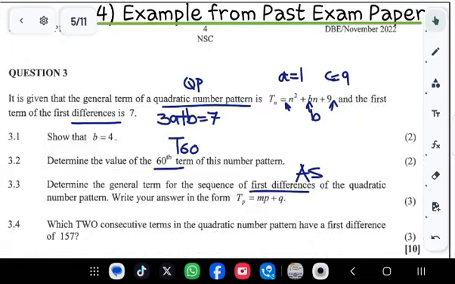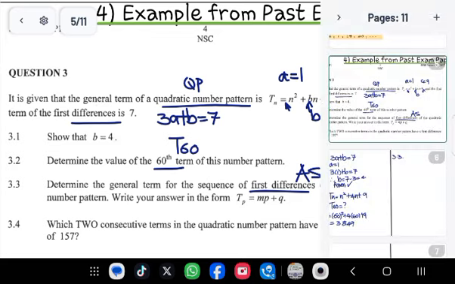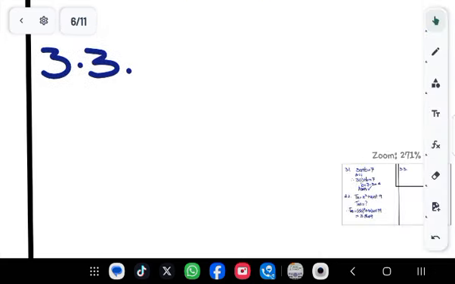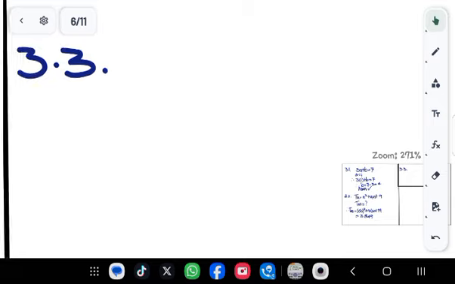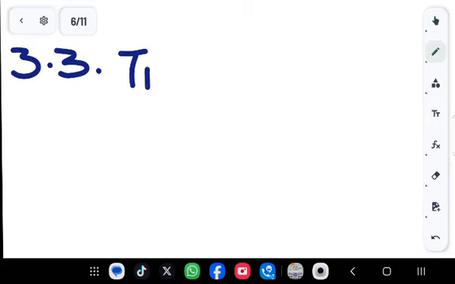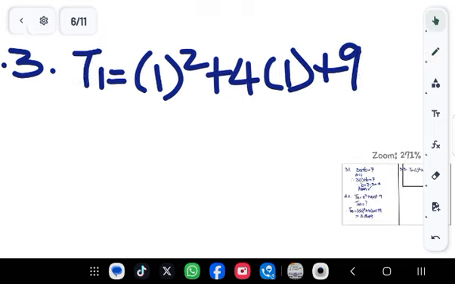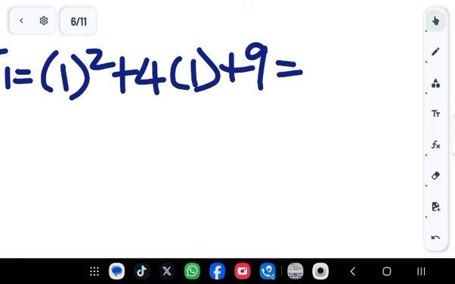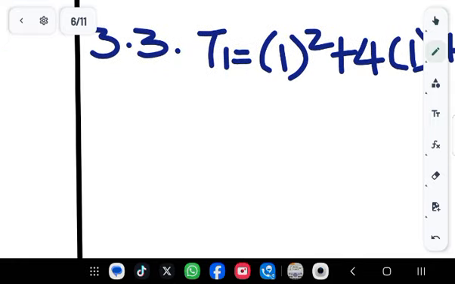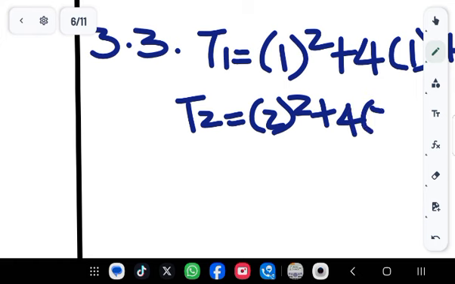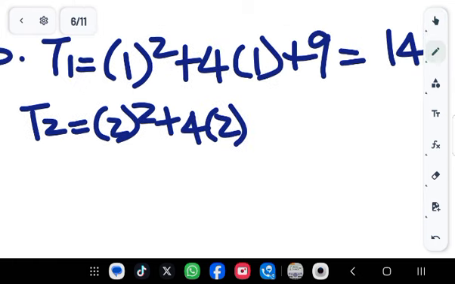So what we do is we list the terms of this quadratic pattern so we can find the first level of differences. Term 1 will be 1 squared plus 4 times 1 plus 9, and that gives us 14. Term 2 of the quadratic pattern is 2 squared plus 4 times 2 plus 9.